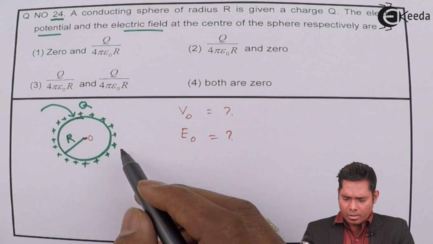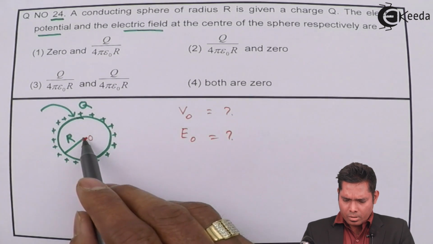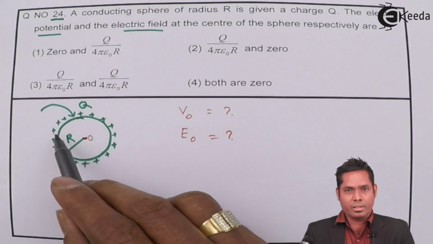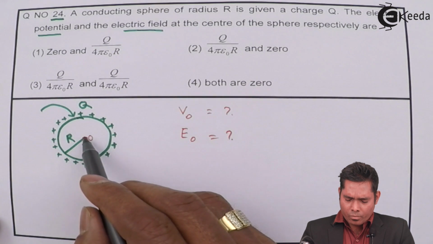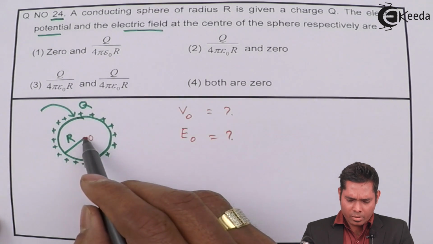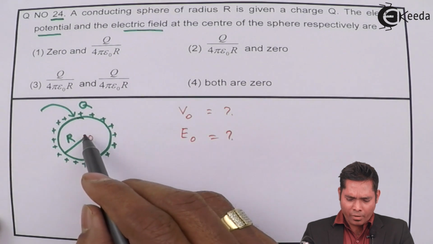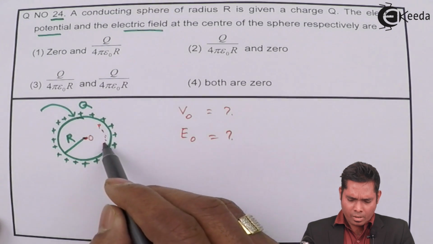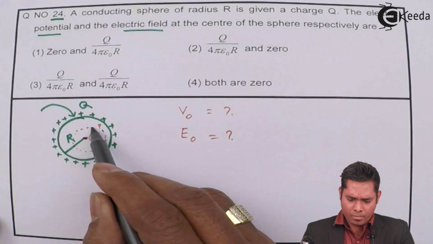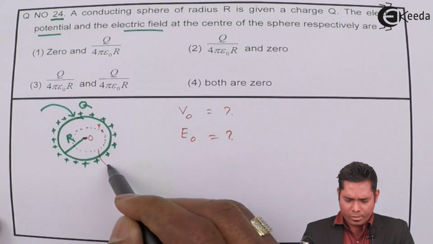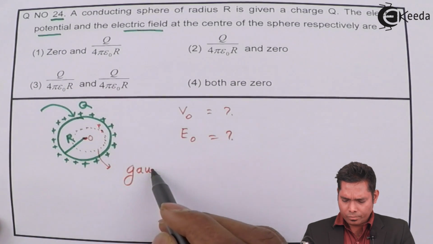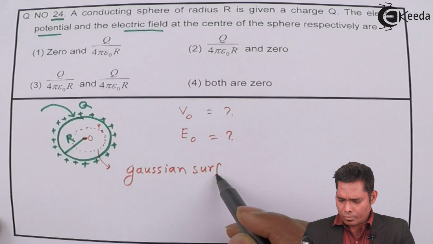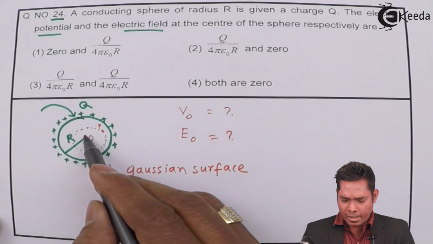We know that electric field is 0 inside the charged conducting sphere, but still if I want it at the center, or at any interior point P, I consider a Gaussian surface, which itself is a sphere of smaller radius, suppose r.